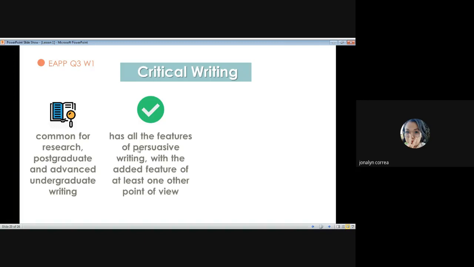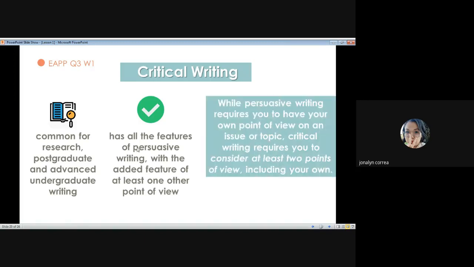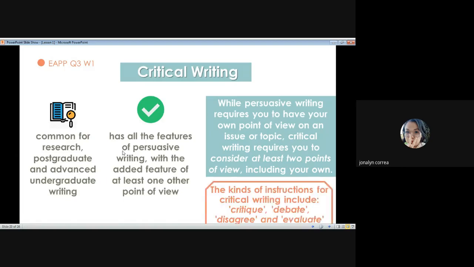While persuasive writing requires you to have your own point of view on an issue or topic, critical writing requires you to consider at least two points of view, including your own. So that's what I have discussed a while ago. These are the kinds of instruction for a critical writing.